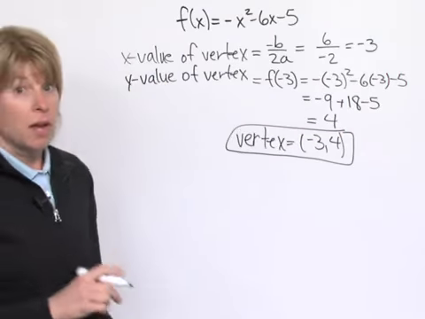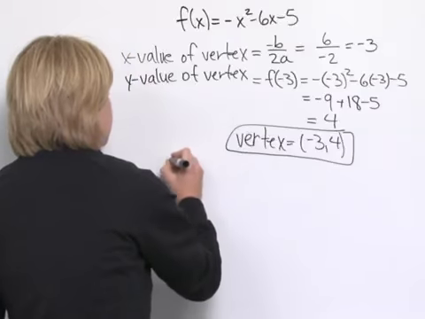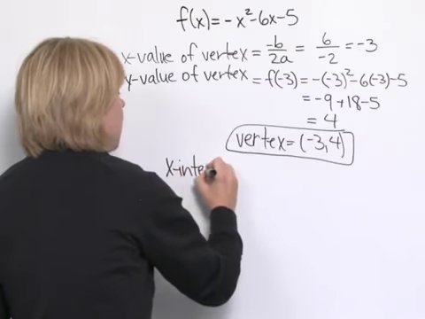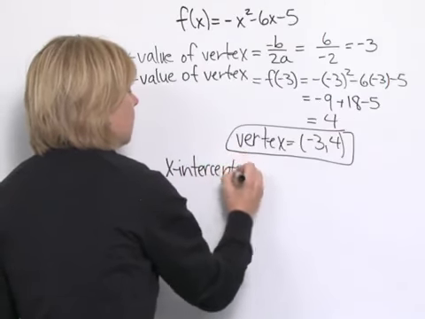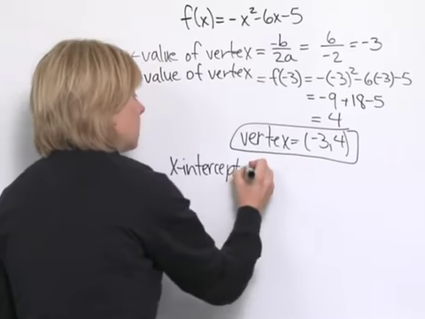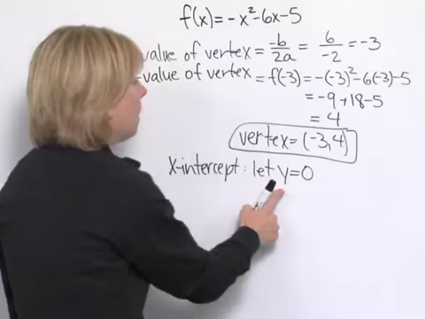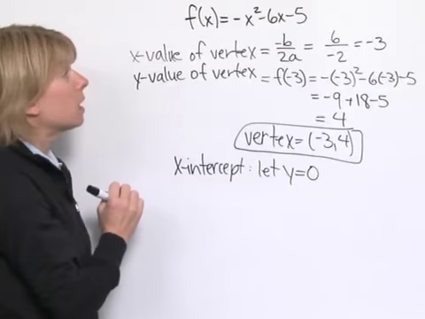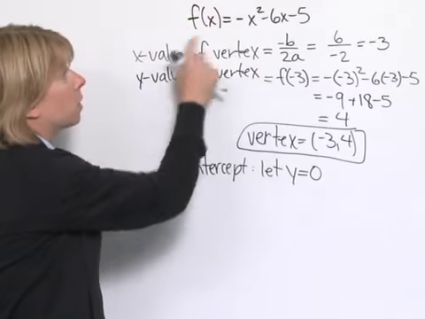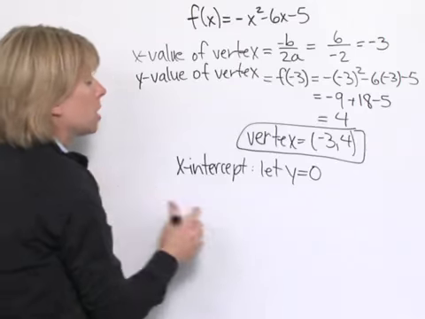Now we'll find the x and y intercepts. For the x-intercept, we let y equal 0. Remember, y is the same as f of x, so I'm putting a 0 in for the left side of the equation.